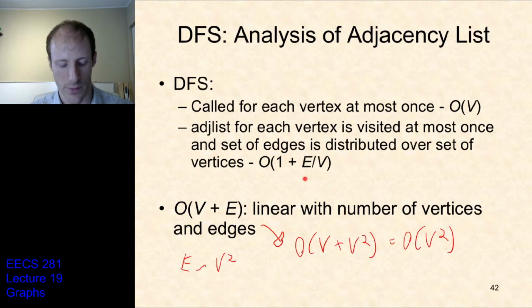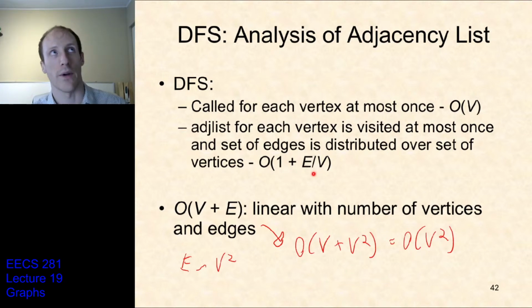However, since we're multiplying by v, we don't want to end up forgetting that there is at least a constant amount of work that needs to be done per adjacency list.